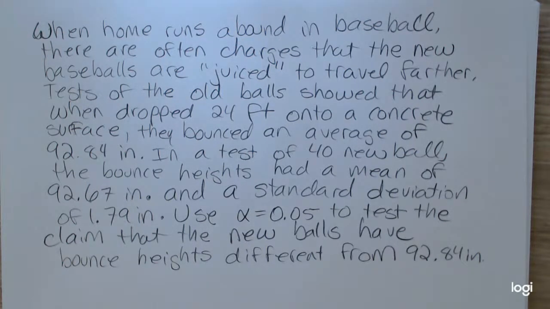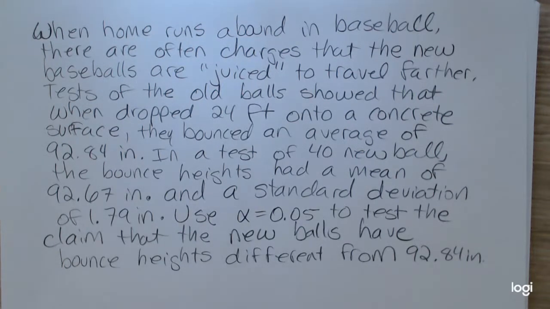In this video, I would like to do a hypothesis test for a population mean, single sample, when sigma is unknown. When home runs abound in baseball, there are often charges that the new baseballs are "juiced" to travel farther.